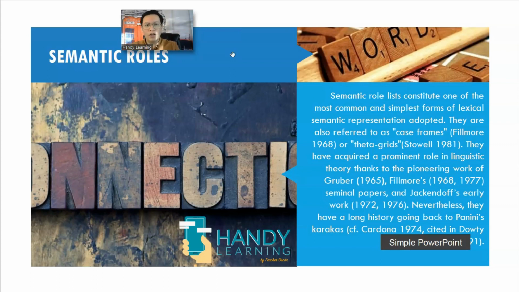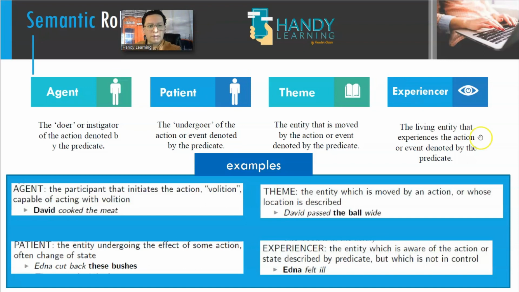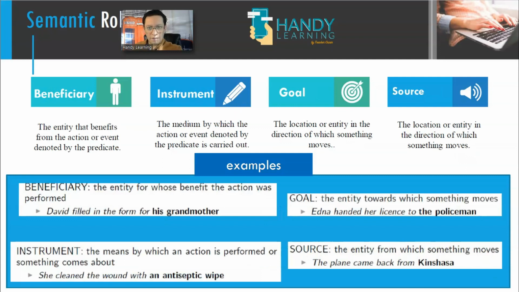So we should not confuse the words from syntactic categories to semantic roles. Let's be sure that we are focusing on semantics here. So let's talk about the roles that we can find in the different phrases or clauses in semantics. We have the agent, patient, theme, experiencer, beneficiary, instrument, goal, and source.